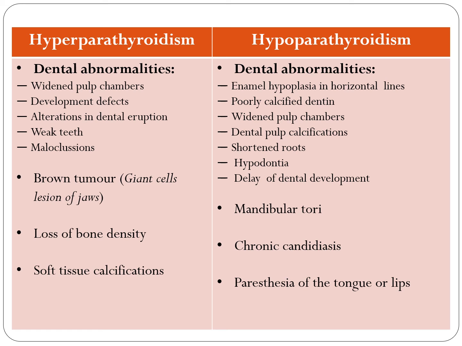In hypoparathyroidism, we can see enamel hypoplasia in horizontal lines, poorly calcified dentin, widened pulp chambers, dental pulp calcification, shortened roots, hypodontia, delay of dental development, mandibular torus, chronic candidiasis, and paresthesia of the tongue and lips. These are the main things we can notice in the patients.